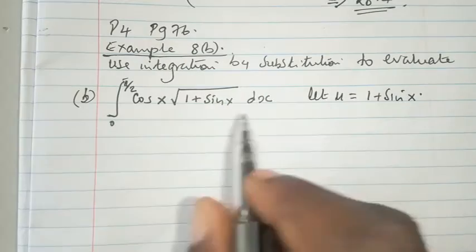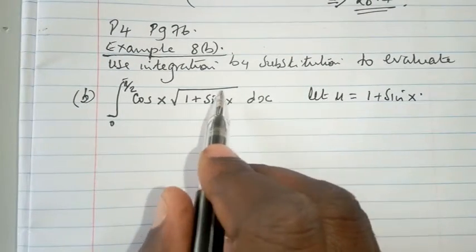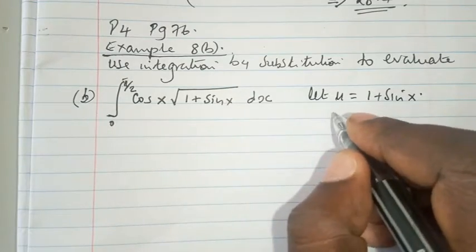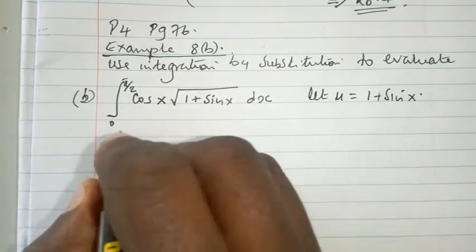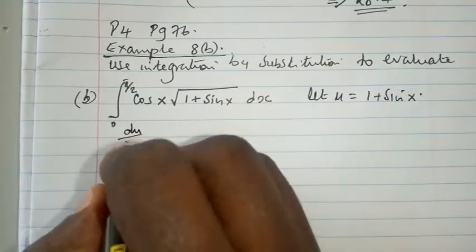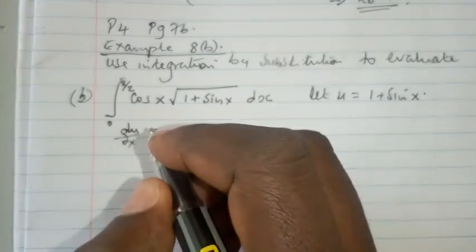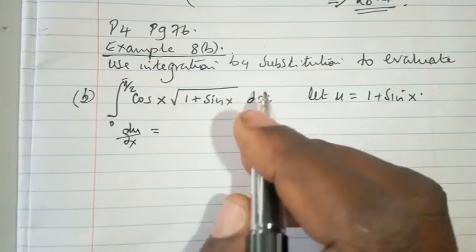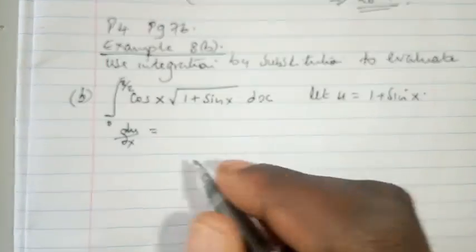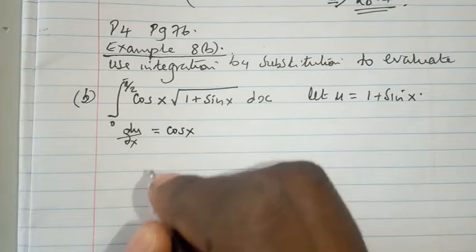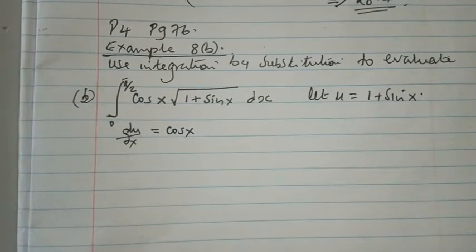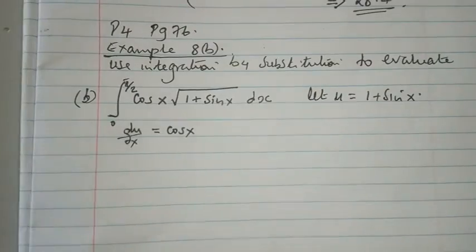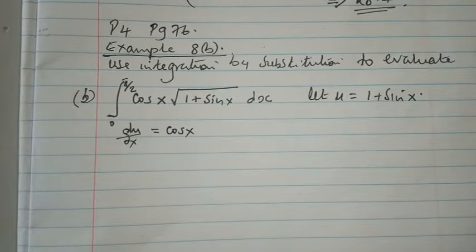We have decided u to be the part under the square root, so that du/dx is simply going to be the cosine of x, and that is exactly what we have.